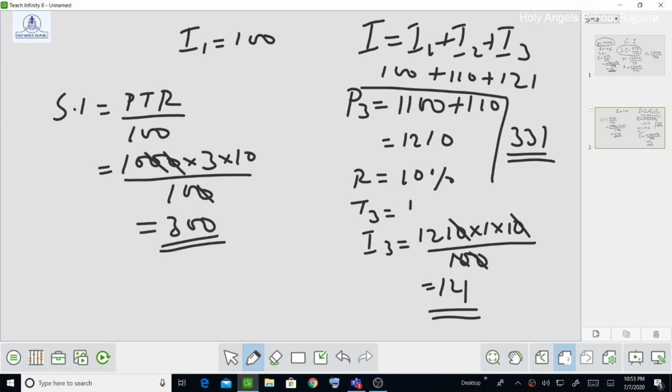You see the difference. In the compound interest scheme, the total is 331, and if you calculate the simple interest, then it is only 300.